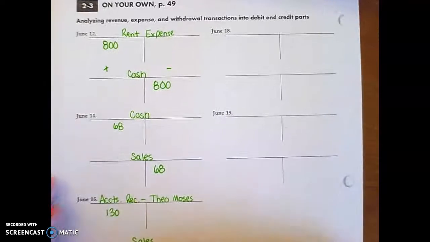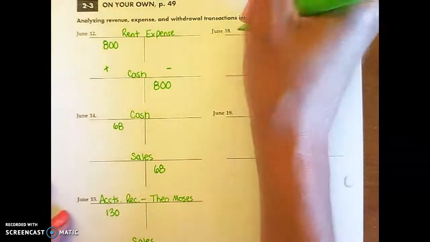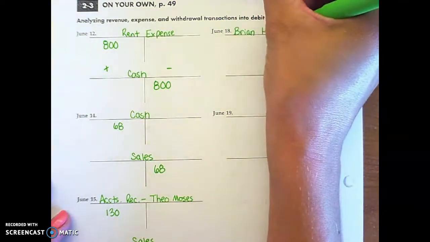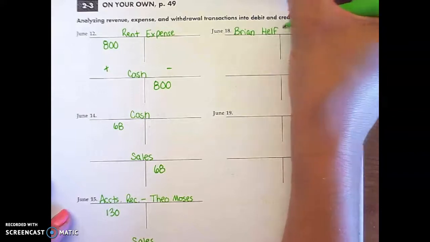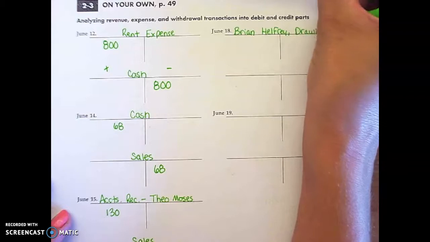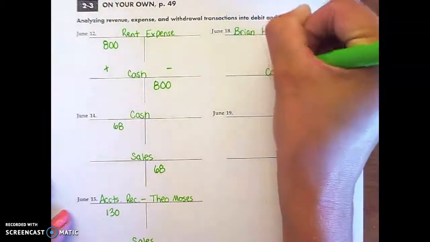On June 18th, we paid cash to owner for withdrawal of equity, $280. So we have cash, and if we look back in our textbook to page 42, the account we will use is Brian Helfrey Drawing. And he has withdrawn cash.